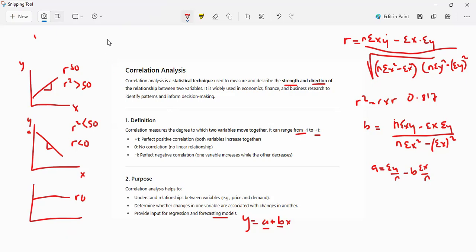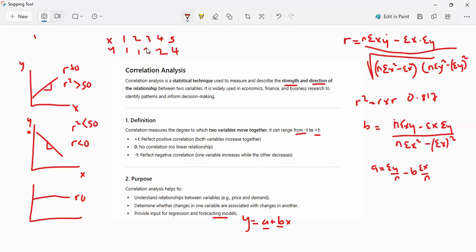Then suppose you're given values of x and y. We have 1, 2, 3, 4, and 5. And the values of y, 1, 2, 2, okay, 1, 1, 2, 2, and 4.